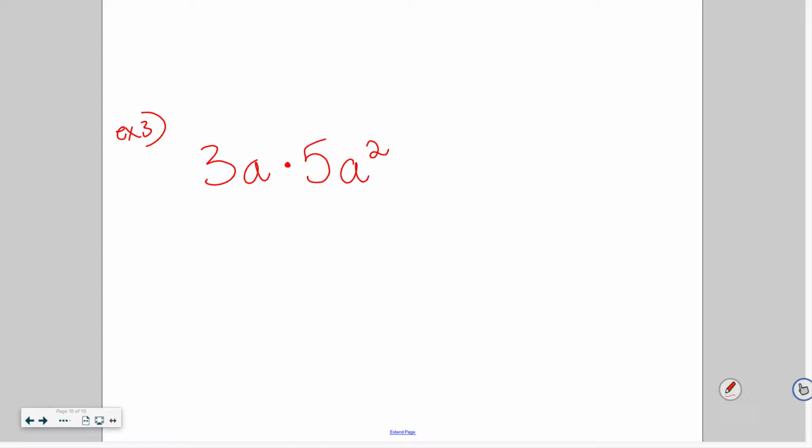You can write it out, or you can just visualize what it would look like written out. So this is just 3 times a times 5 times a times a. But maybe you don't need to write it out.